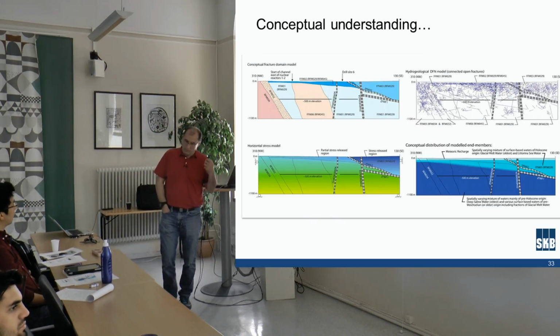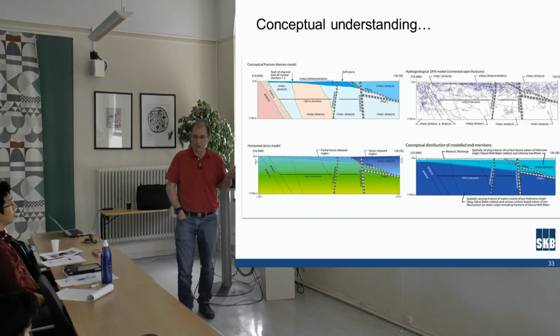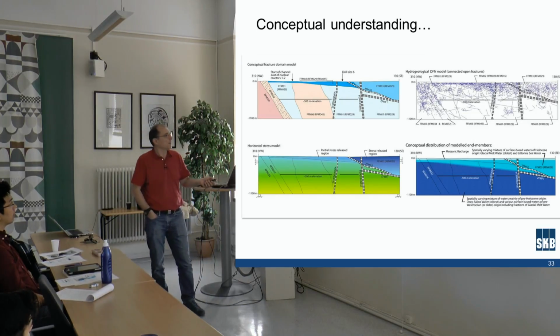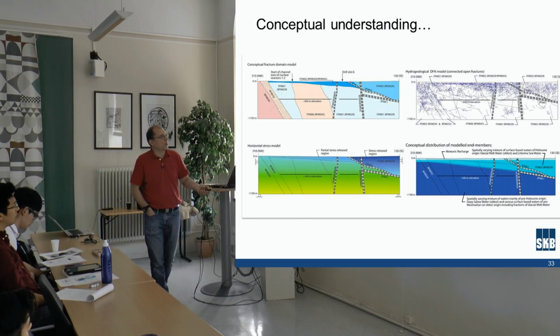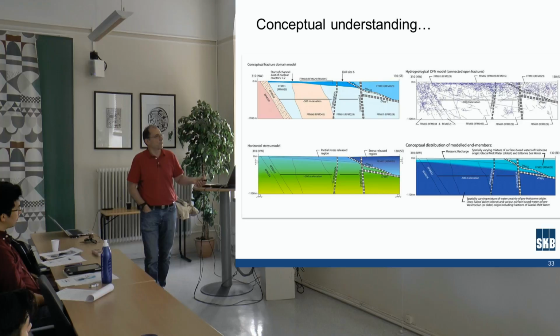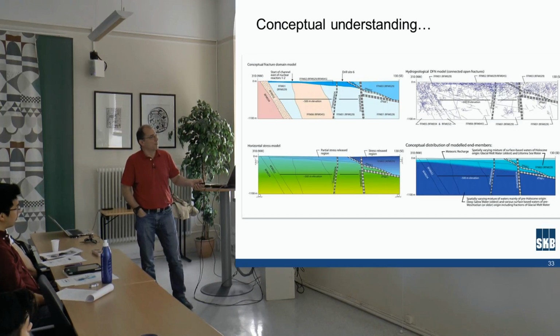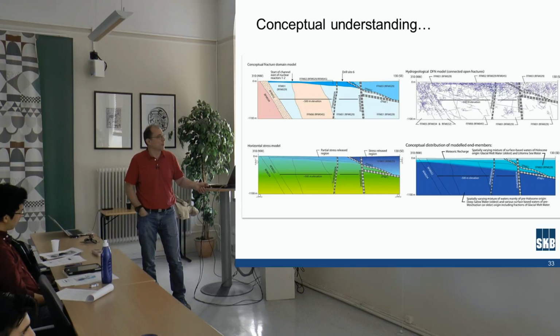Our model shows that from our data. The rock mechanics, when they made the rock stress models, horizontal stress models, it shows that the blue one is very released rock, very low stress. This is slightly higher and increases down to depth. So you see the same pattern as here.